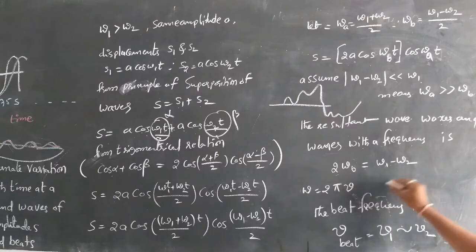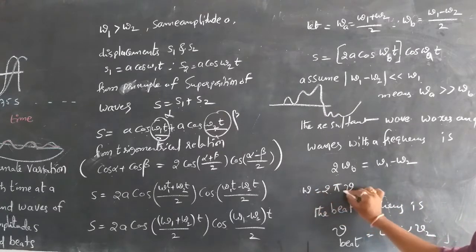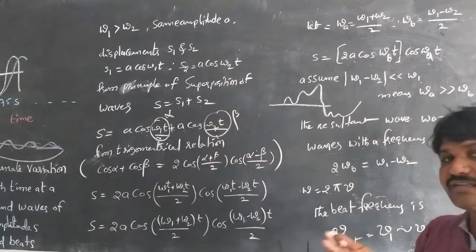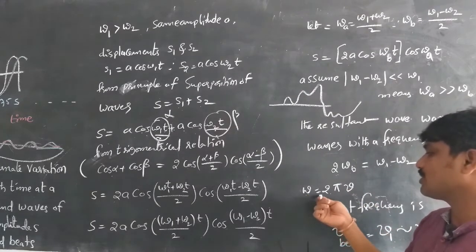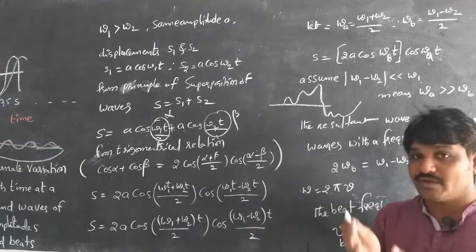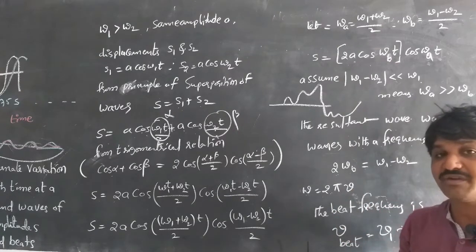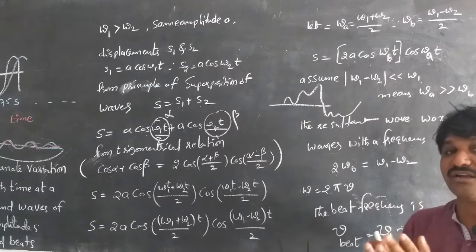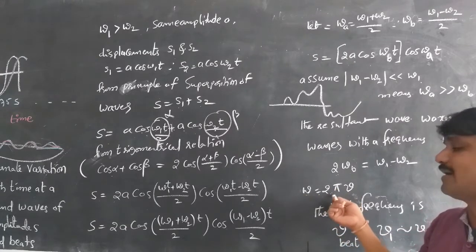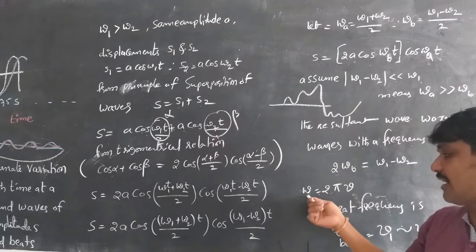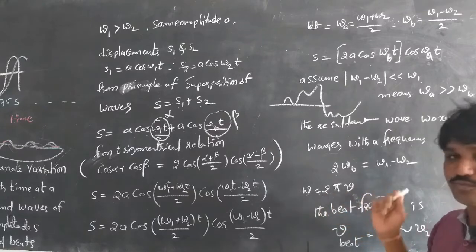Then we know that the angular frequency omega is equal to 2 pi nu. The relation between linear frequency and angular frequency is omega equal to 2 pi nu, or we already derived the relation between time period and angular frequency, omega equal to 2 pi by T. From that also we can write omega is equal to 2 pi nu.